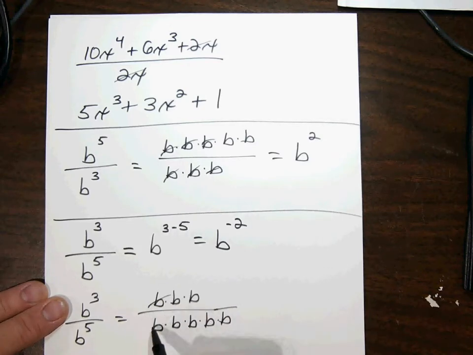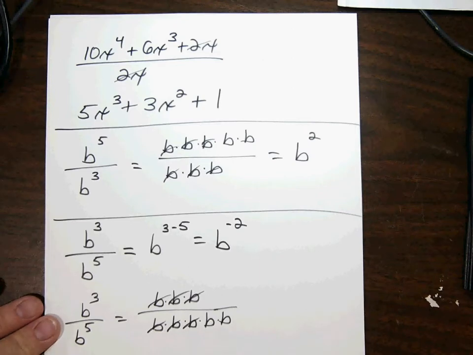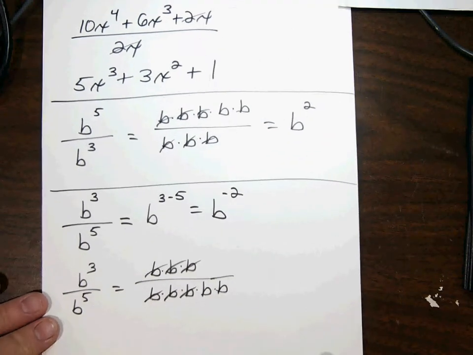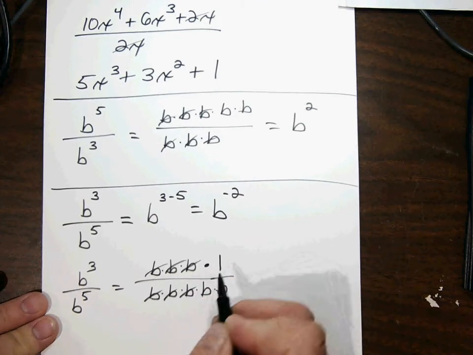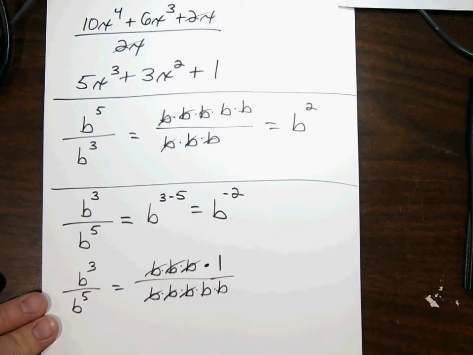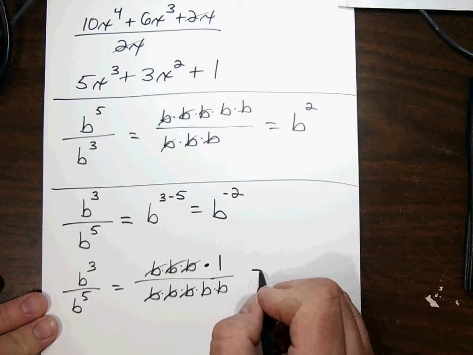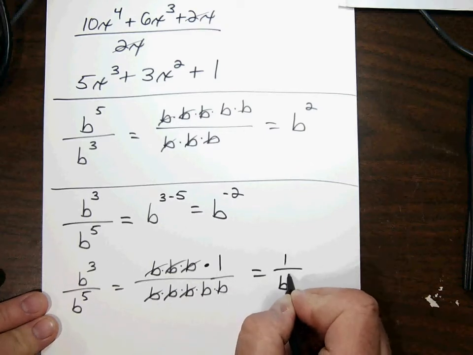And if I start to cancel, I run out of b's on the top. And just like reducing a fraction, when you run out of stuff to cancel on the top, don't forget you always got a times 1 there. So there's still a 1 on the top. And I've got 2 b's downstairs, so a 1 over b squared.